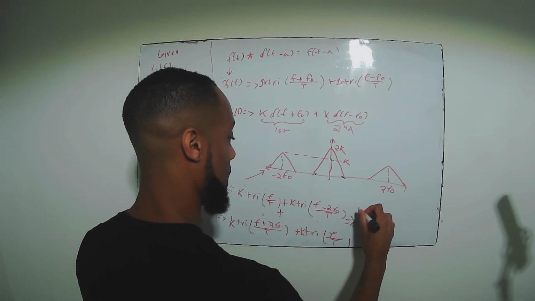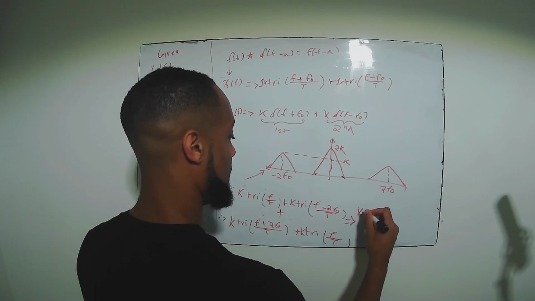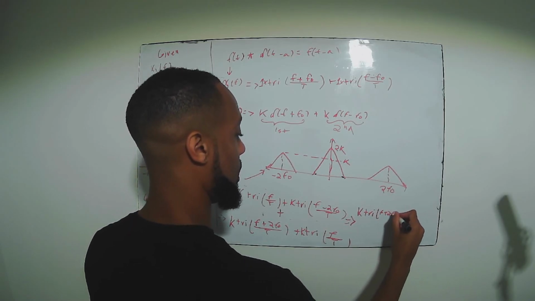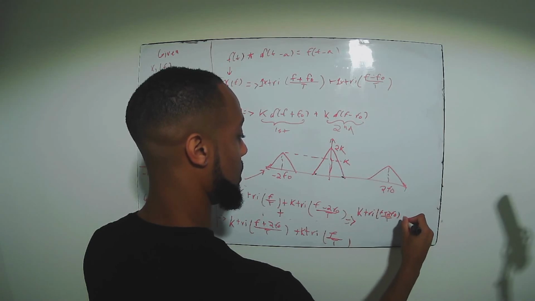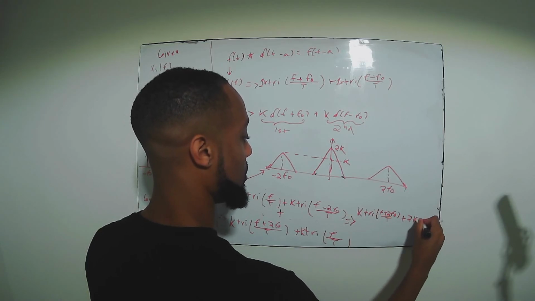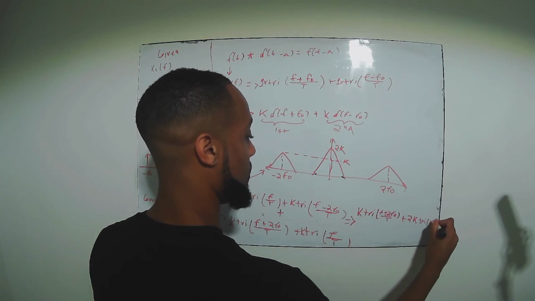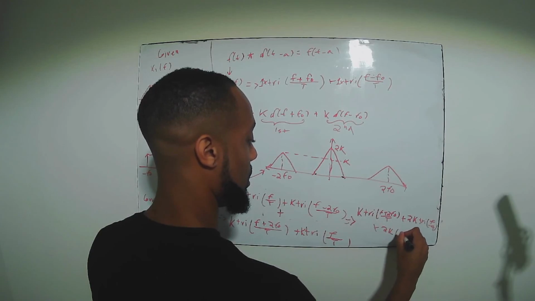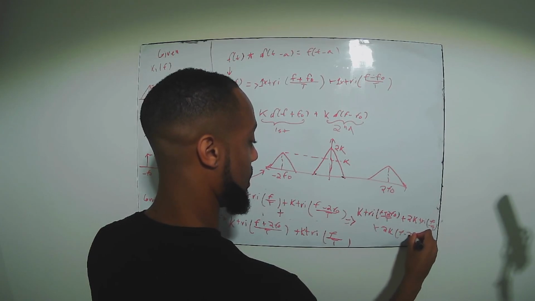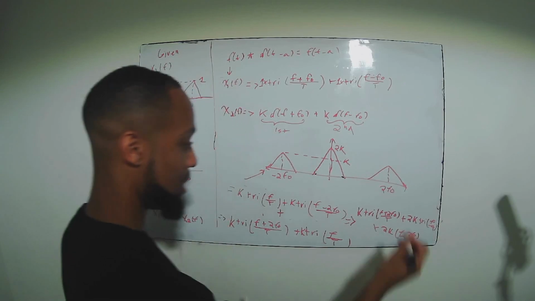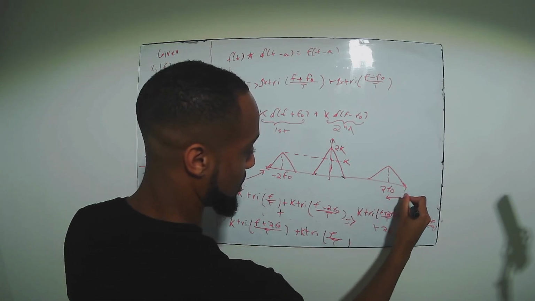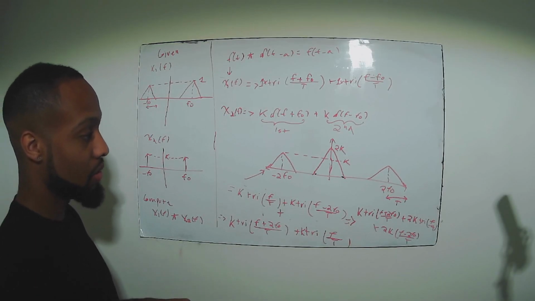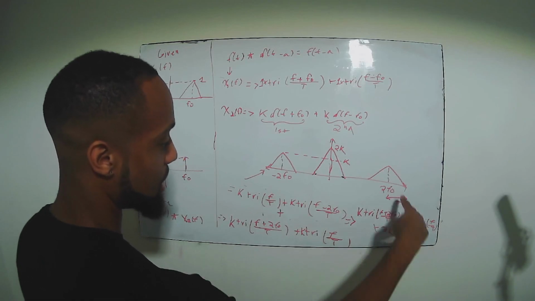The equation would be k tri of f plus 2 f naught divided by t, plus 2k tri of f divided by t, and then finally the last triangle, plus k tri of f minus 2 f naught divided by t, where t is just an arbitrary value I chose for half the rectangle duration. So this will be your final equation, and this is the graph to represent it.